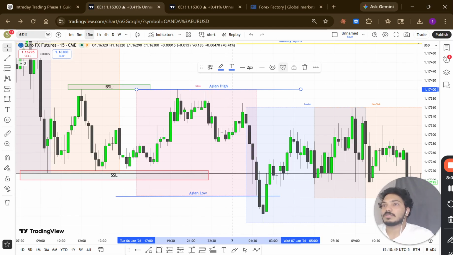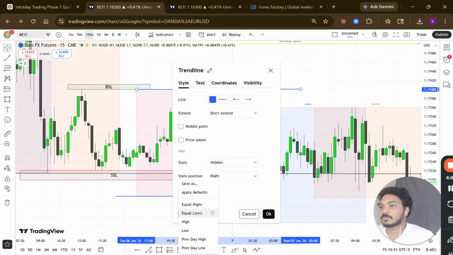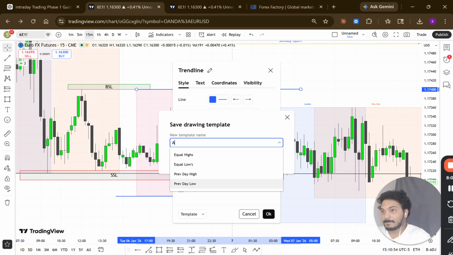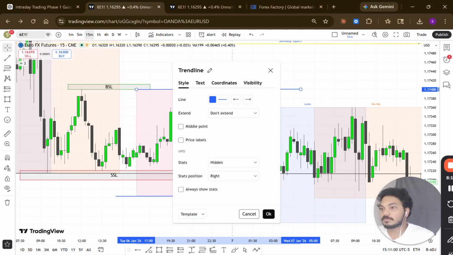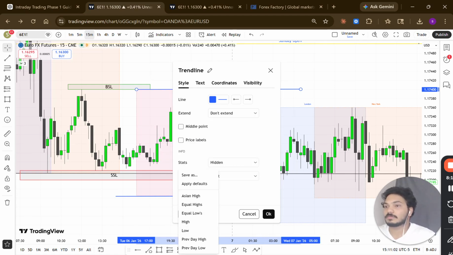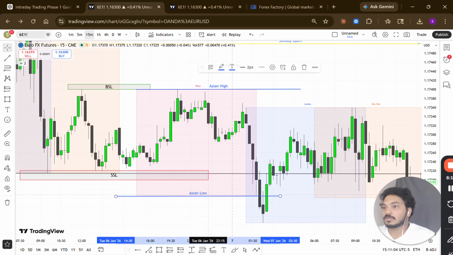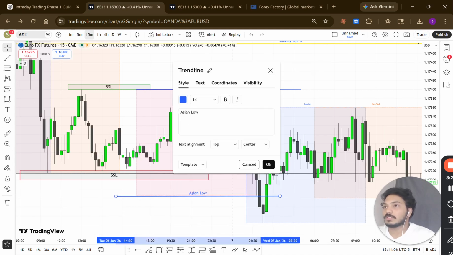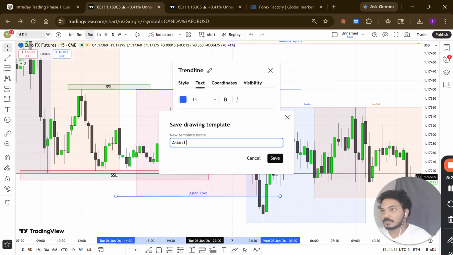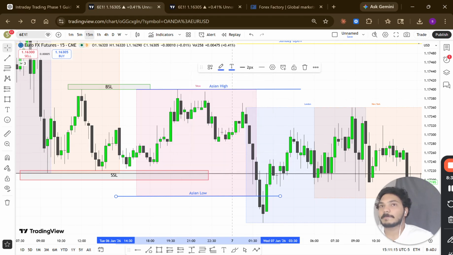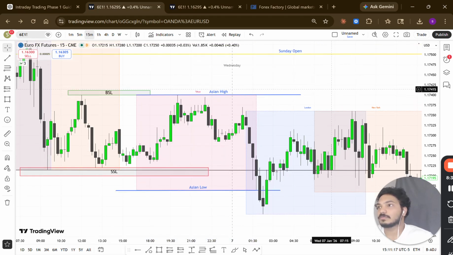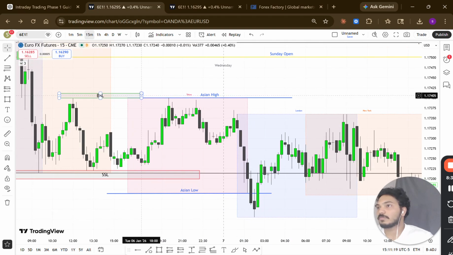Let's save these. Asian high, and let's save this one as Asian low. Okay, now we have buy side liquidity.